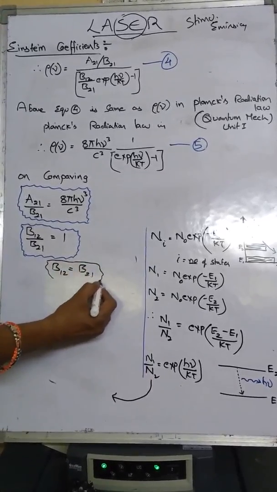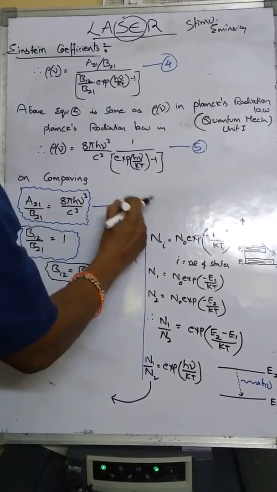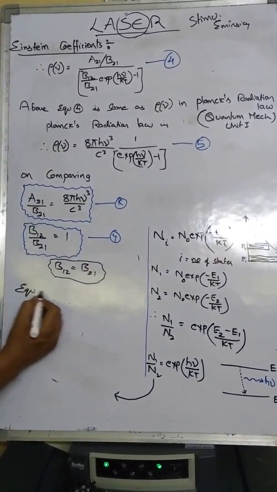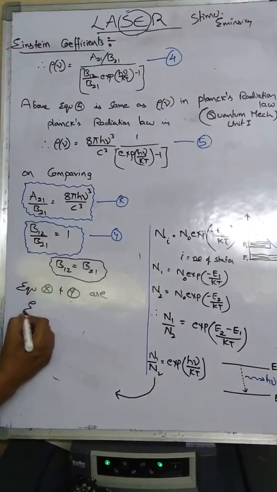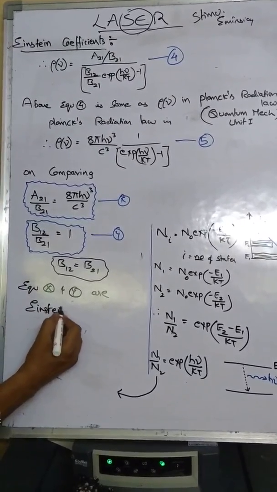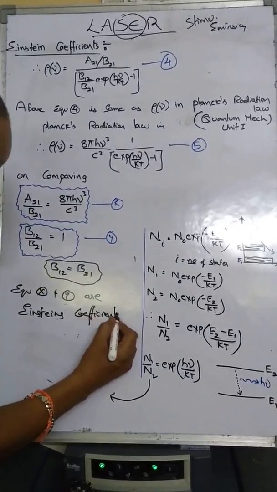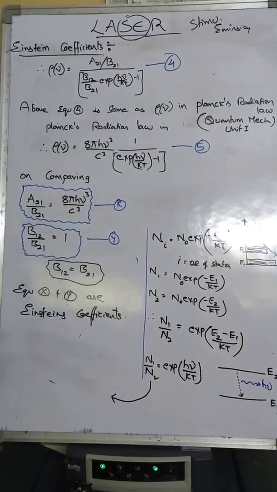So this is the Einstein coefficient. You call this equation x and this equation y. Then equations x and y are the Einstein coefficients. So this is the derivation for the Einstein coefficients.